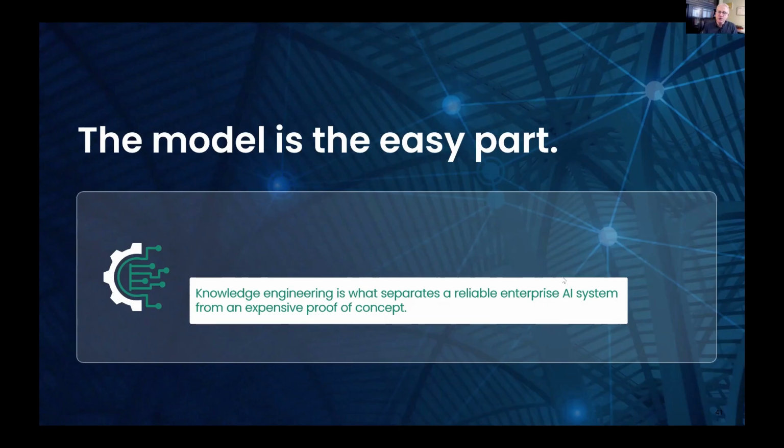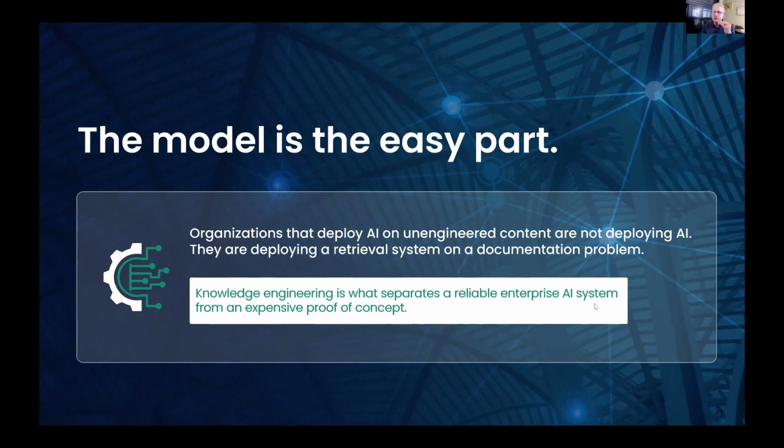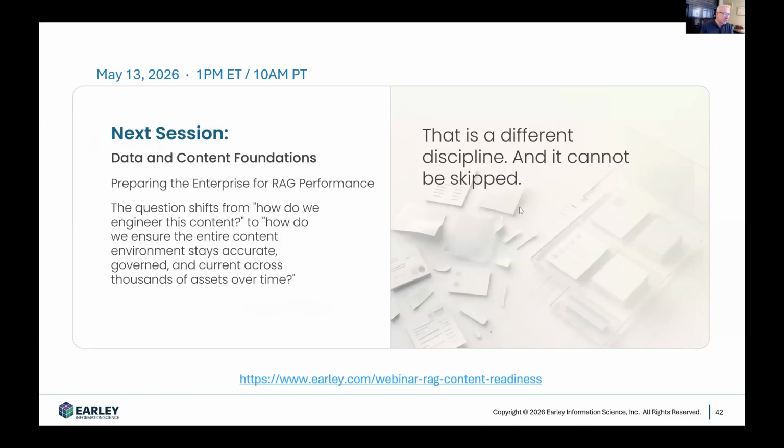We want to be able to build a reliable AI system, and we're not talking about a proof of concept, because proofs of concept work well with limited amounts of content. But when we are doing this on top of a problem with the content, we are not going to get the answers that we need. The model is the easier part. It's the engineering of that content that's the difficult part.